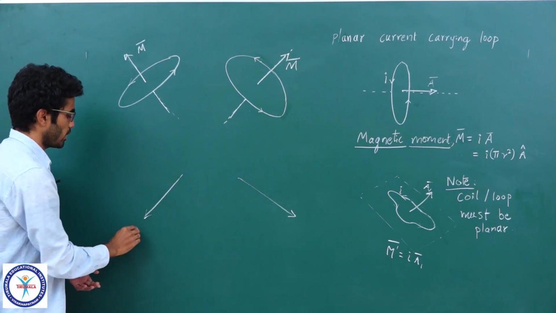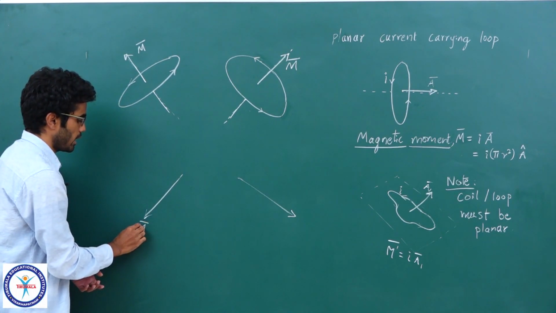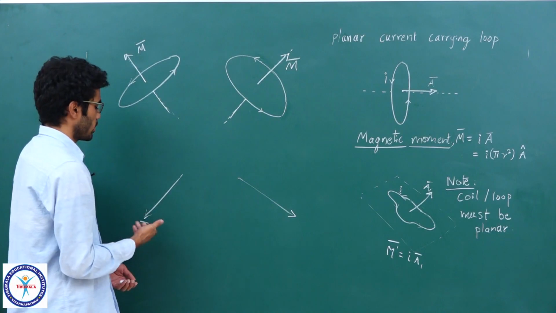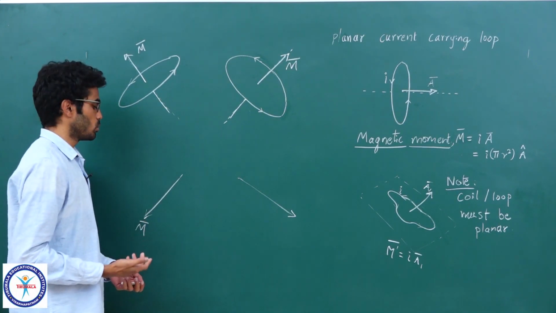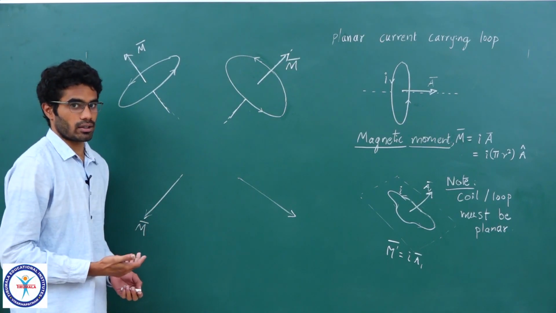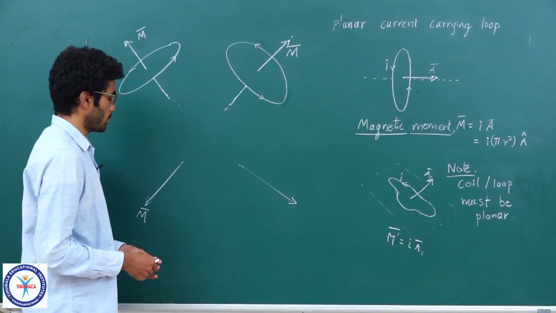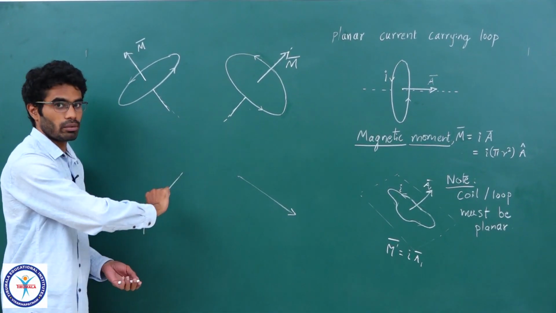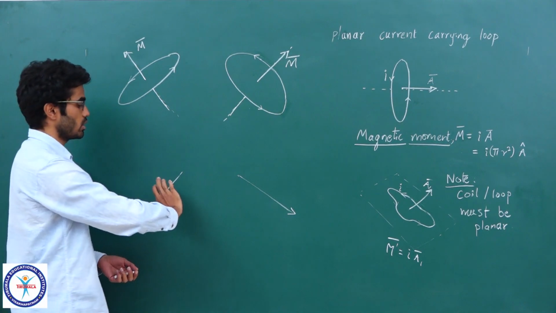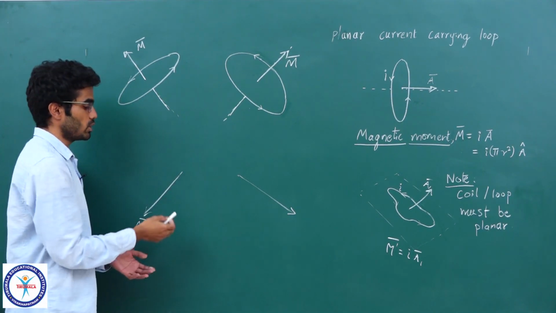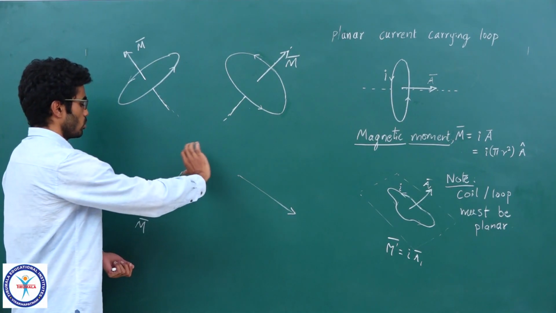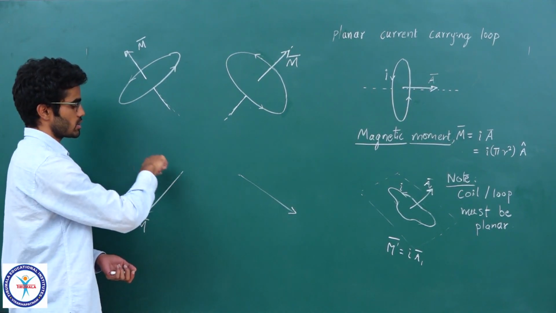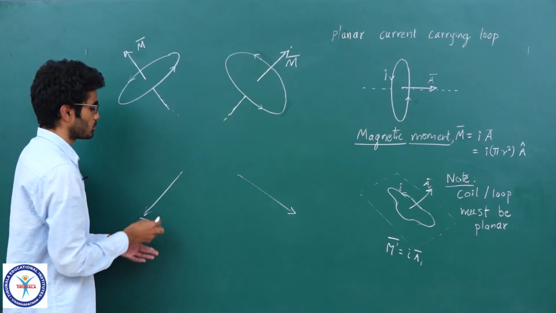Let us say this is a magnetic moment obtained for a current carrying loop. Now, the question here is how do you visualize the current carried by the loop. So, if this is the magnetic moment, place your thumb along that direction, now curl your fingers, that will give you the sense of current. So, current should be around this magnetic moment vector.